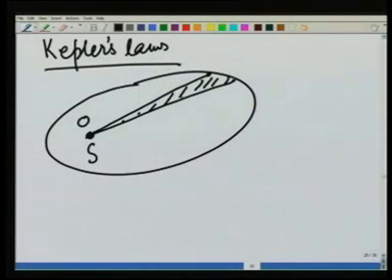Let me show you how. You see, if I take the sun as the origin, the force is always directed towards the origin, and therefore the torque, r cross F, because r and F are parallel, is 0, and therefore the angular momentum must be conserved.